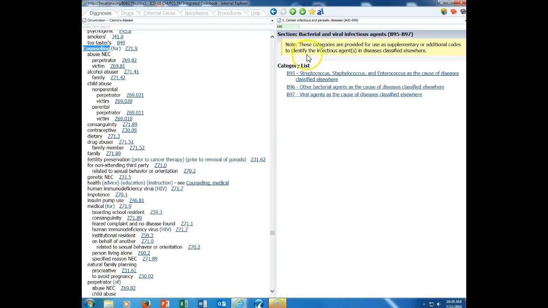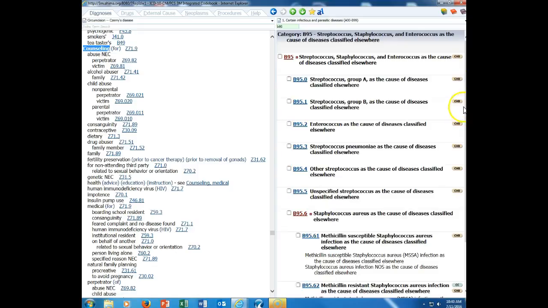If we go to this particular section, we will see that this includes the staph, strep, and enterococcus as the cause of disease classified elsewhere, other bacterial agents as a cause of disease classified elsewhere, and viral agents. There is a note here that these are supplemental or additional codes. That's your clue that these codes are not going to be a first listed or principal diagnosis code.